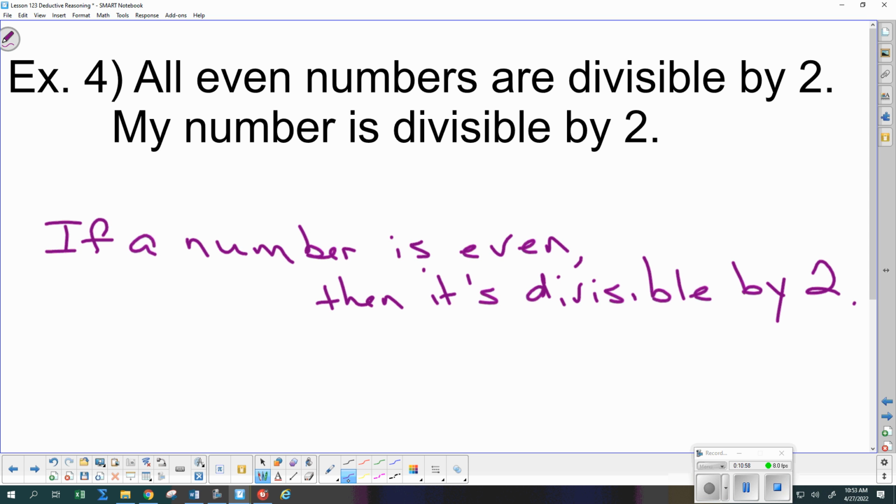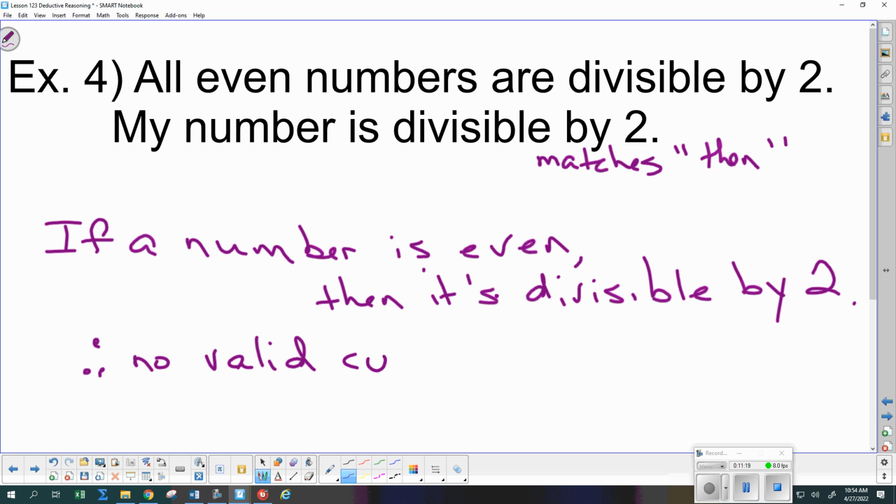Divisible by 2 is not what I have in the if part of the sentence when I wrote it out. That's why we're going to be writing them out in this course. This matches the then, not the if part. So we have to say, therefore, no valid conclusion.